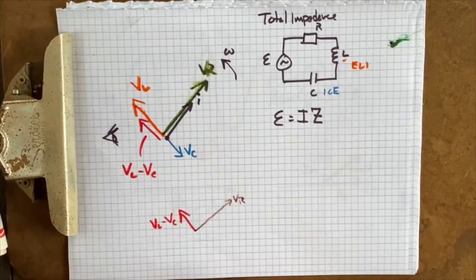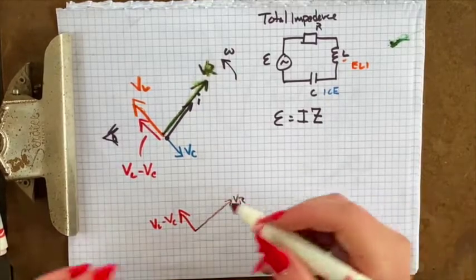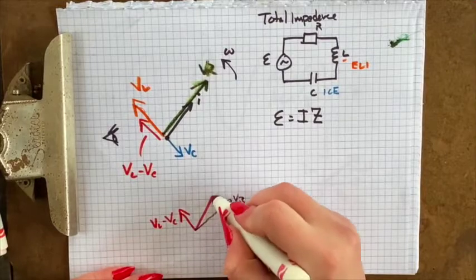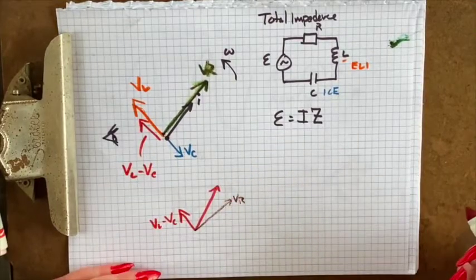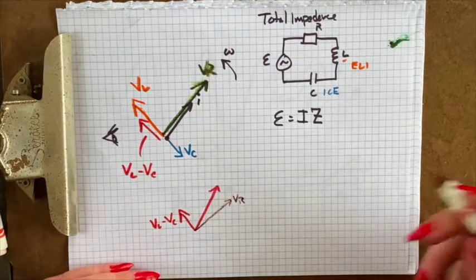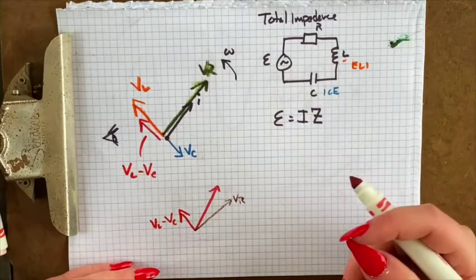Okay. So when we look at these, it looks like I need a new color. This is the total net voltage of the entire system. And what would that be in some kind of a series circuit? All the voltages we know add to the source.